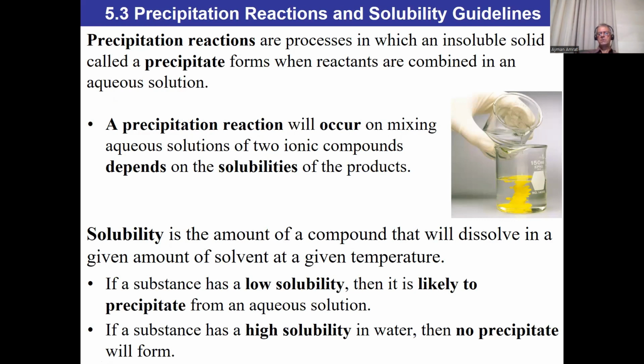If a substance has low solubility, then it's likely to precipitate from an aqueous solution. On the other hand, if a substance has a high solubility in water, then no precipitate will form. Precipitation occurs when one of the results is insoluble, forming a precipitate.